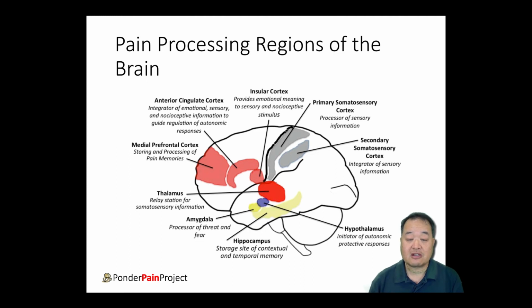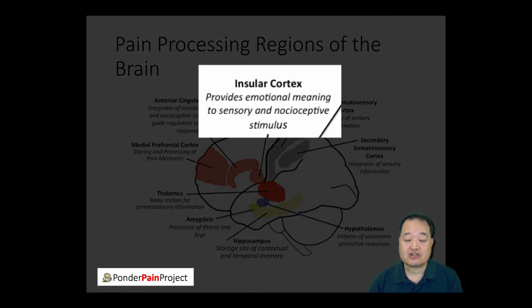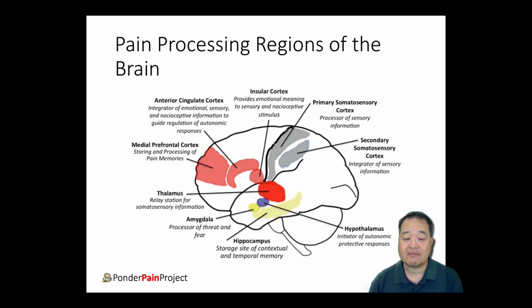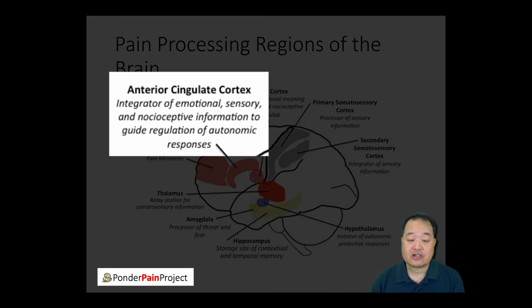But now we get to the areas that are kind of interesting because they're the components that are responsible for more of our affect and also our emotions. So if you look at the insular cortex, it provides emotional meaning to the nociceptive stimulus that we get. We get the anterior cingulate cortex, which is an integrator of emotional and sensory and nociceptive information. And what it does is it guides our autonomic responses.